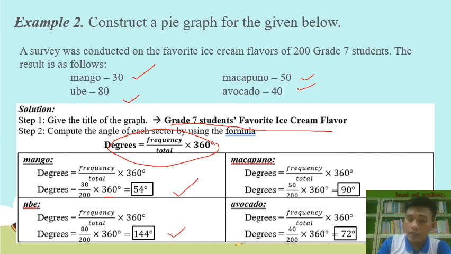You can use your calculator for this one. 50 for the makapuno, divided by the total, which is 200, times 360, that will make it into 90 degrees. For avocado, 40 over the total of 200 times 360, that will make it into 72 degrees. Please take note of the degrees so that we will use them in plotting our pie graph.